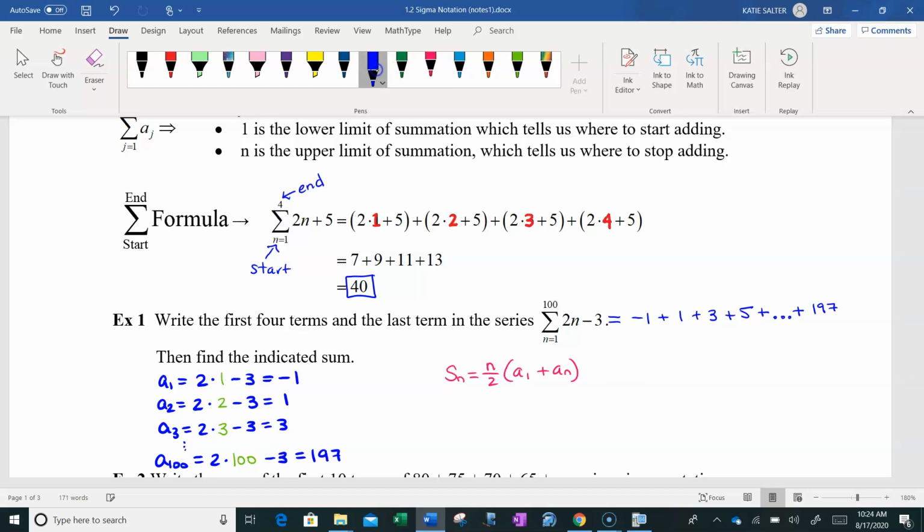In this case, S sub 100, because we were adding the first 100 terms, is equal to 100 divided by 2 times -1 plus that very last term of 197. We clean that up, that's 50 times 196, and when we calculate that, we get the sum is 9,800. And so we would write that here, 9,800.